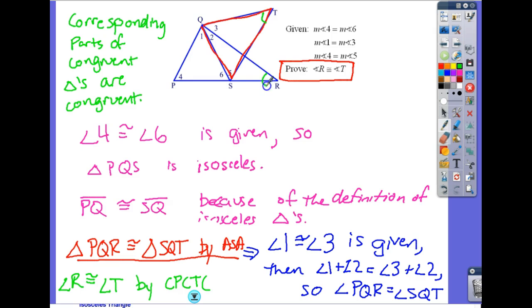So T and R are congruent, S and P are congruent, and 2, 3, that one is congruent to this one. They overlap. And you know all the sides are congruent as well. All corresponding parts of congruent triangles are congruent. So we know, since these triangles are congruent, that angle R is congruent to angle T, and we're good.